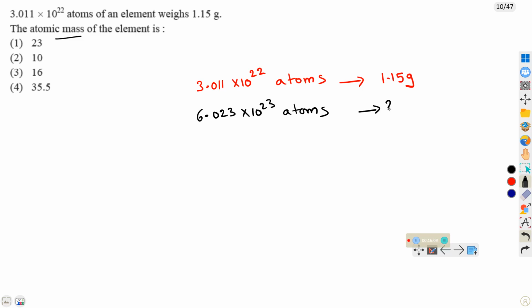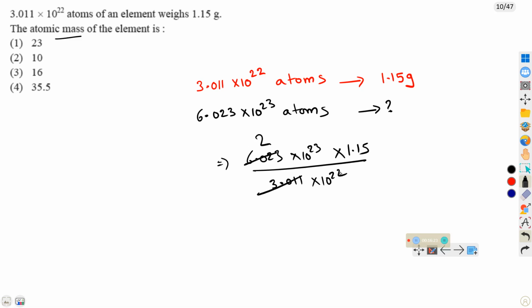Weight is equals to question mark. 6.023 into 10 power 23 into 1.15 by 3.011 into 10 power 22, 2 times 10. Then simplify. You will get 23. So first option correct.